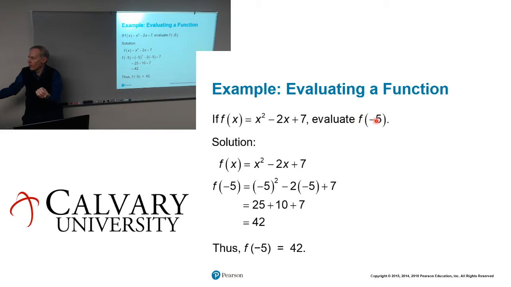So f of -5 simply means that everywhere you see an x, you put in a -5 and then just work it all out. So that's all there is. So it's -5 squared minus 2 times -5 plus 7, and you work it out. So f of -5 would equal 42.